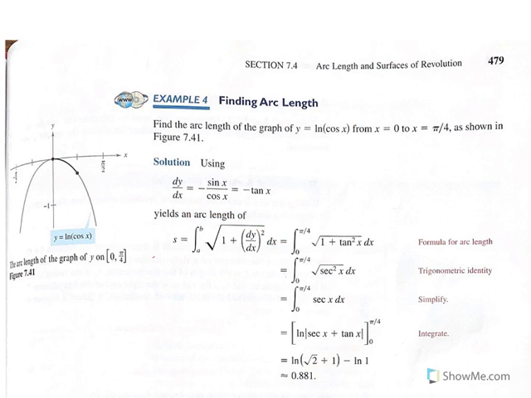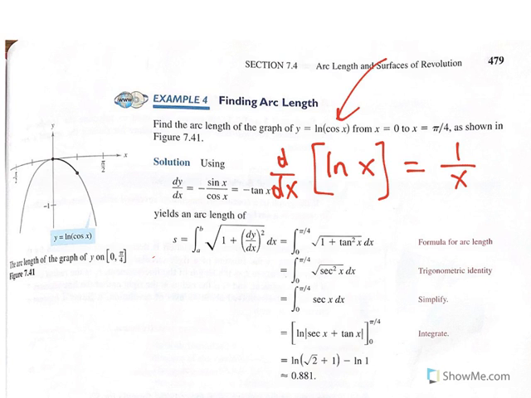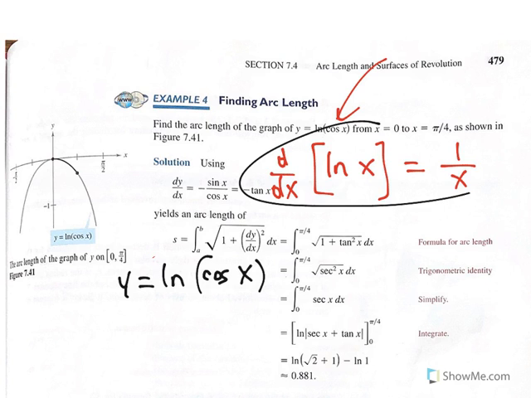So how do you find the derivative of the function? Remember from calculus AB that if you have the function natural log of x, the derivative of natural log of x is 1/x. So now you have a composition of two functions where the inside function is cosine. When you find the derivative of y is equal to natural log of cosine x, you'll be using this differentiation rule along with the chain rule.